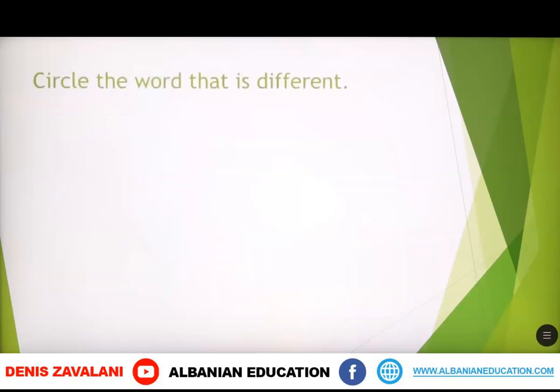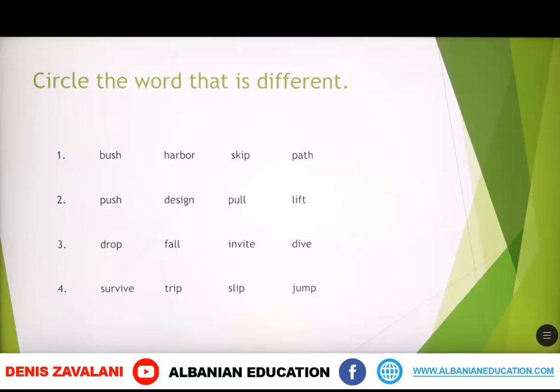Now you have to circle the word that is different. So we've got here 4 rows, which you have to find which word is different for each number. Number 1, we've got bush, harbor, skip, and path, which is different from the others.